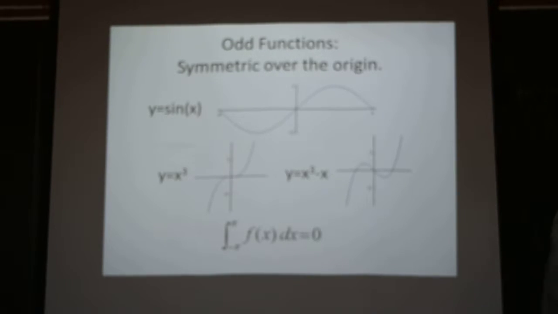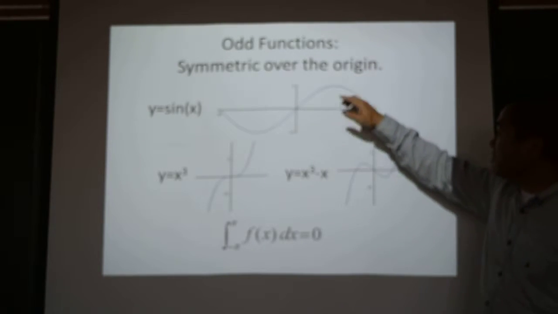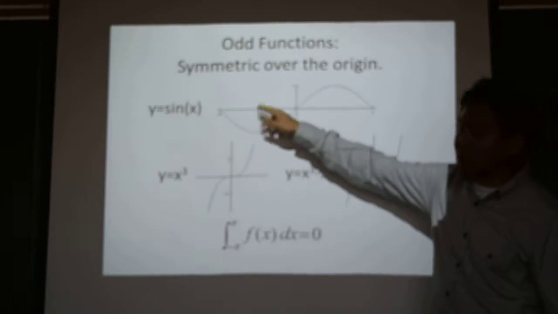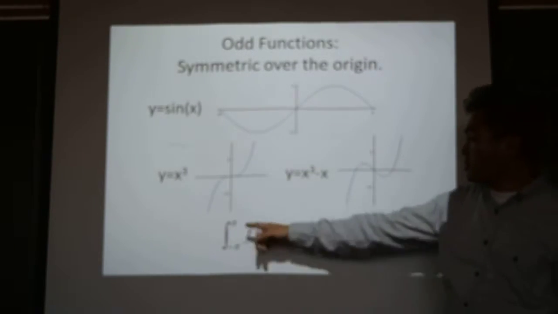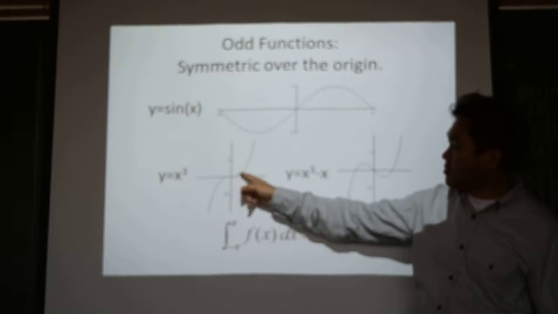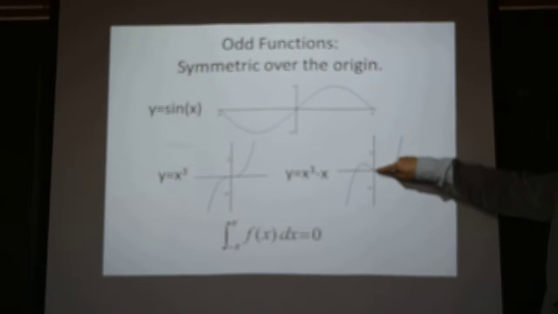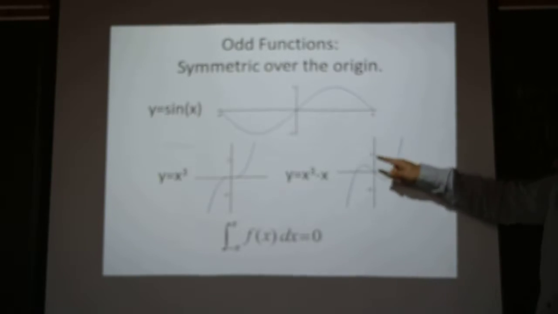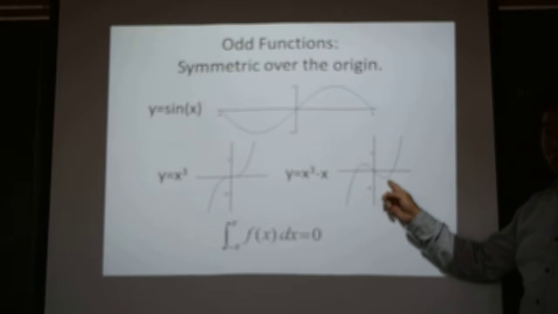Whereas odd functions have the property that they're symmetric over the origin, which means if one side goes up, the other side will go down exactly in the same way. So here's an odd function where if this side goes up, this other side goes down. Here, it's an odd function because when this side goes down, the left side goes up in exactly the same way.